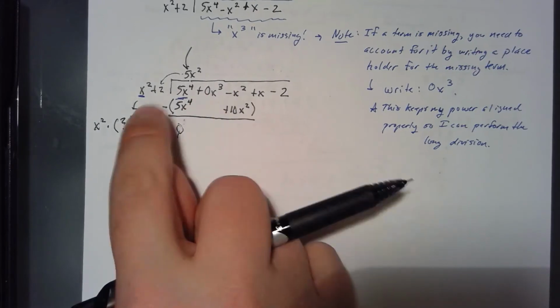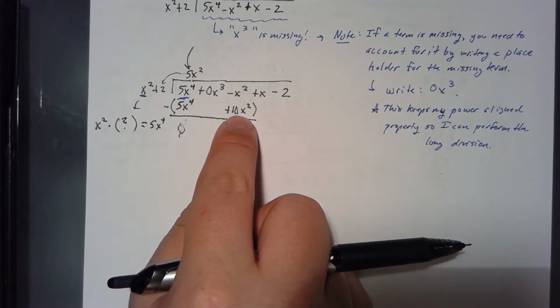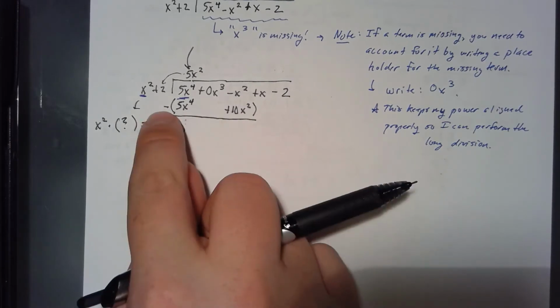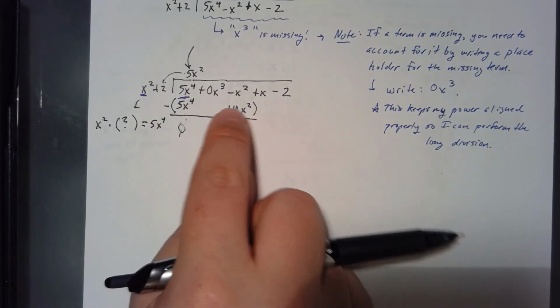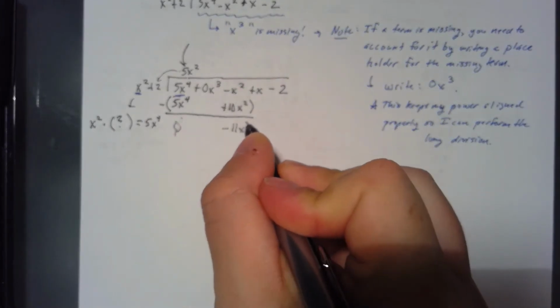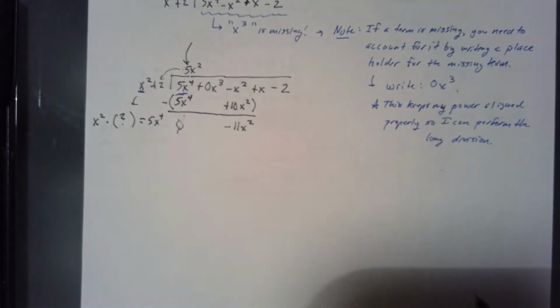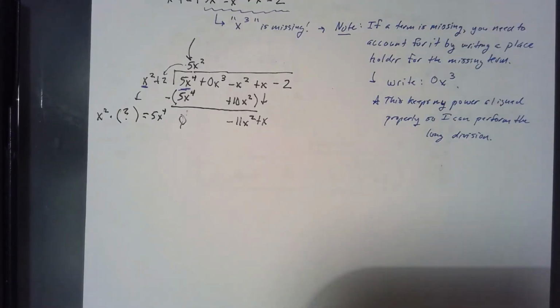Minus x squared minus 10x squared, when I distribute the negative, is going to be minus 11x squared. Now I'm going to bring down the next term, which is plus x. Now you just repeat the process again.